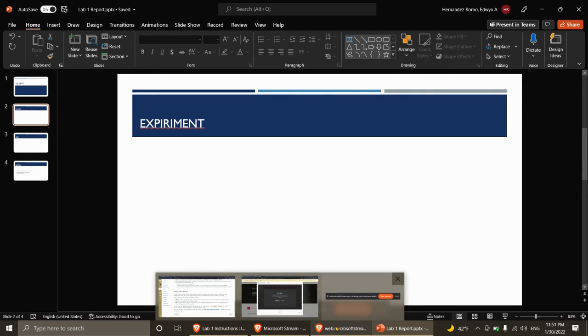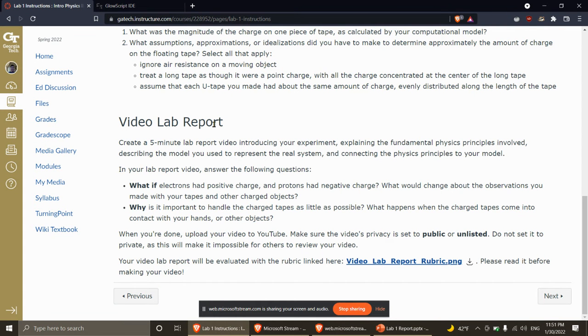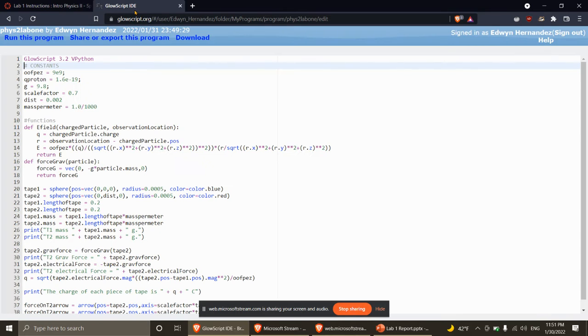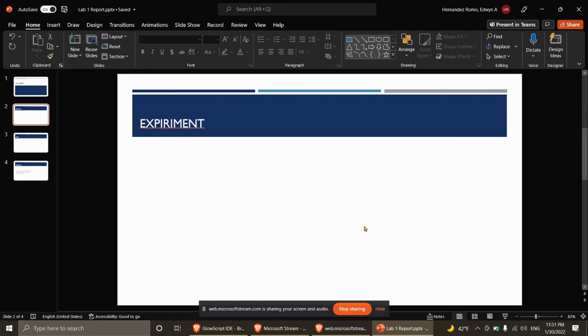The experiment required us to hang strips of tape and do our experiments on them. That meant creating U-tapes that are positively or negatively charged, which we didn't know beforehand. Using a tape that was on a table, we placed the tape on top of the base tape.